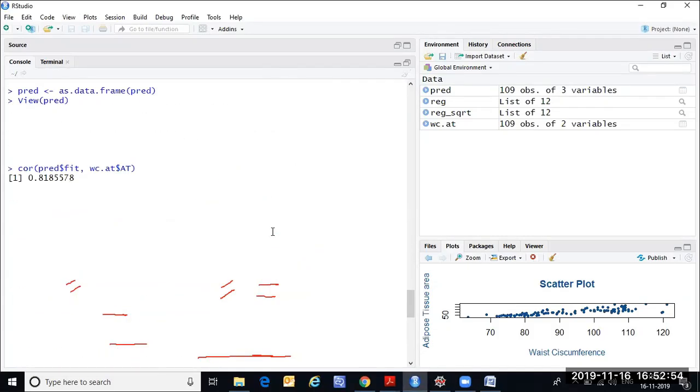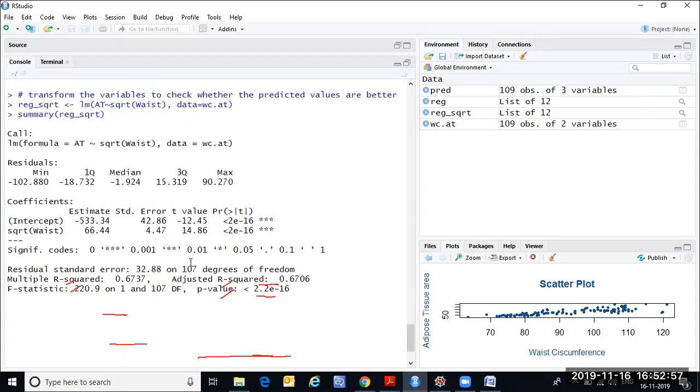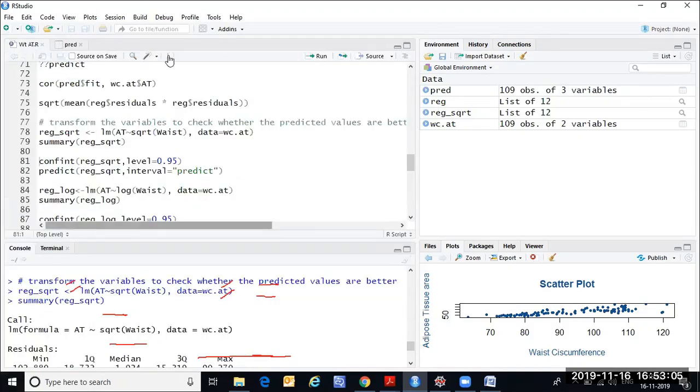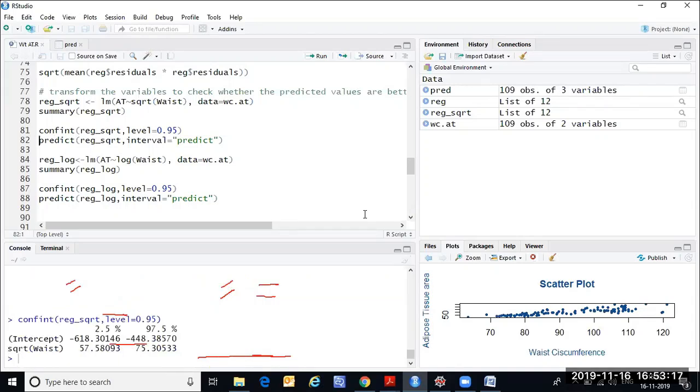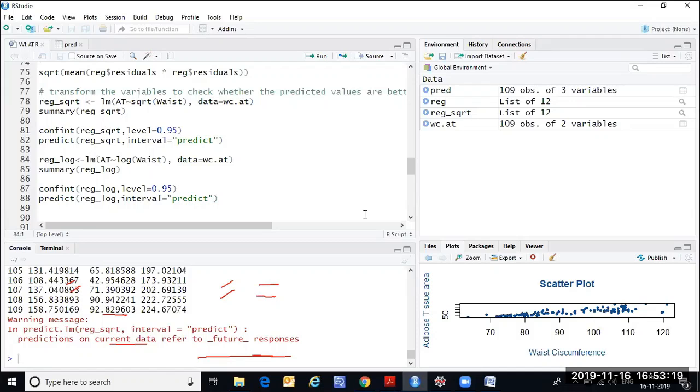Now it is 0.6737. There is a slight improvement, but not much. So the transformation technique that we have used is not very helpful. Then calculate the confidence interval and predicted interval with the same syntax.